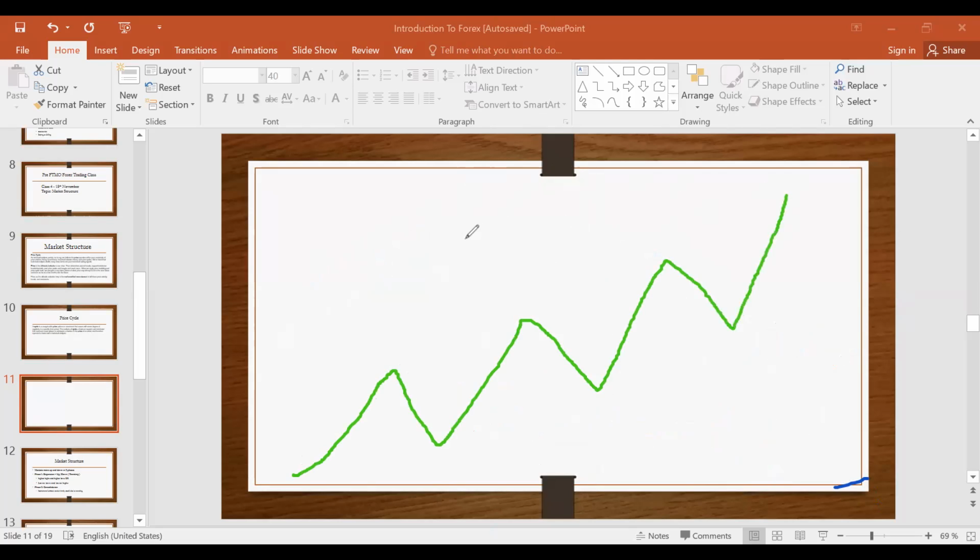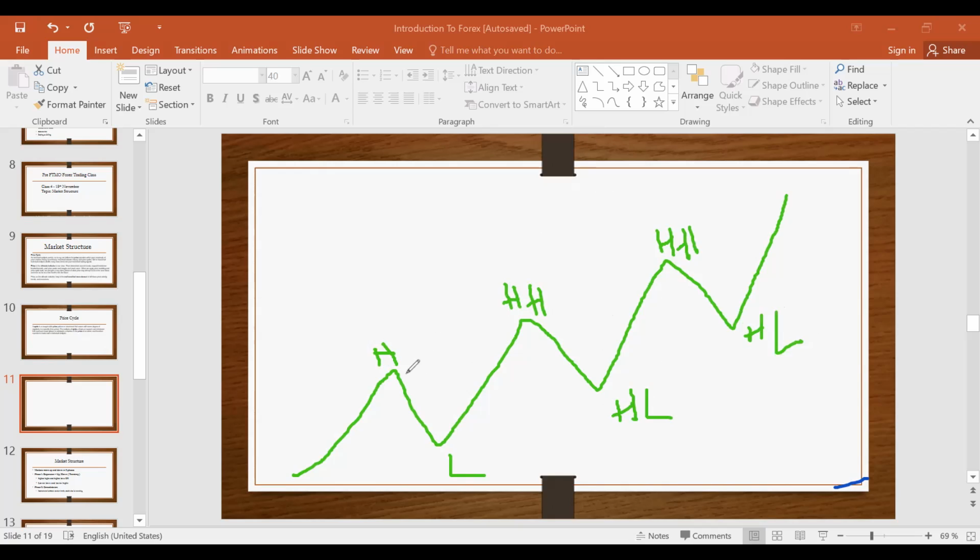If this is a high and this is a low, well, this is a higher high, because at this point it is higher than the other. And this one is a higher low. And this is a higher high, and this is a higher low. Exactly the opposite of what we just saw earlier.